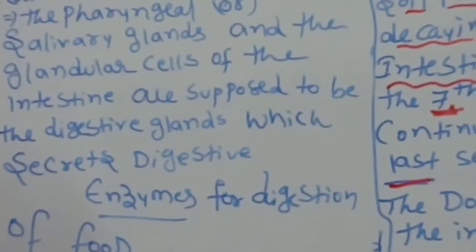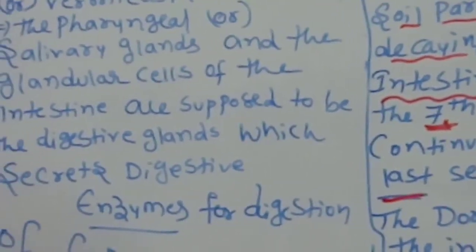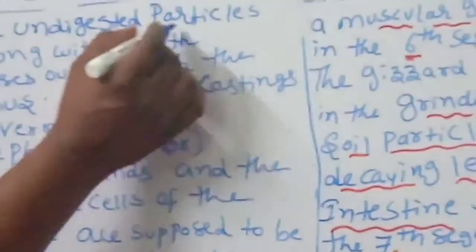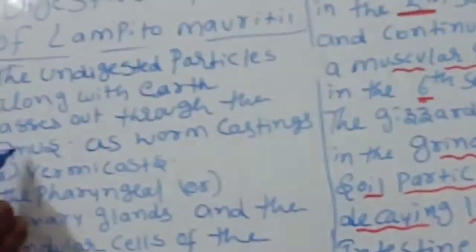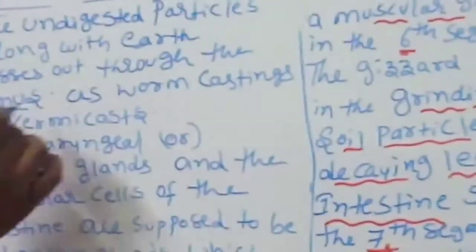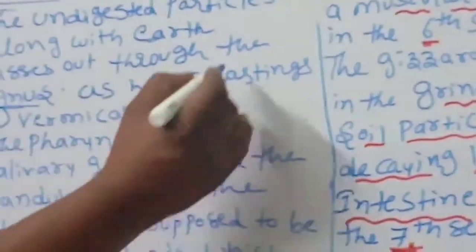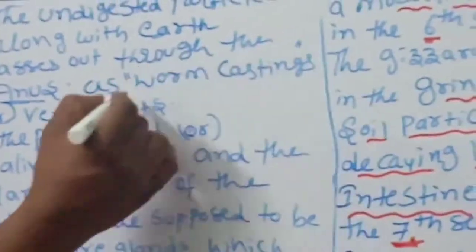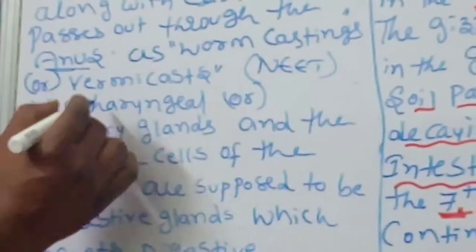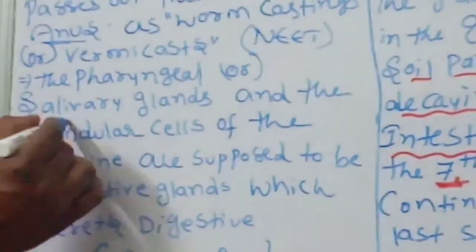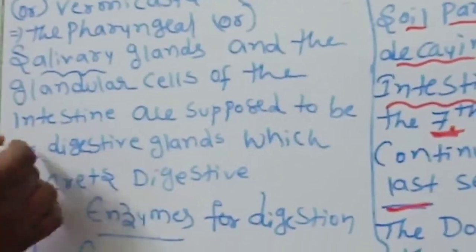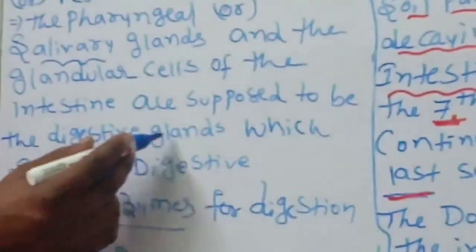Simple molecules are absorbed through intestinal membrane or utilized. The undigested particles, along with the waste earth, pass out through the anus as worm castings, or vermicast. Important bit. The pharyngeal or salivary glands and the glandular cells of the intestine are supposed to be the digestive glands.